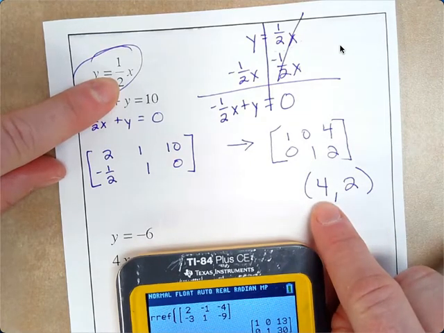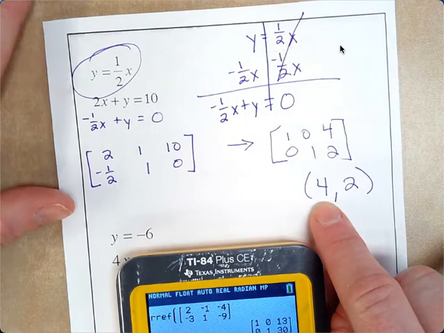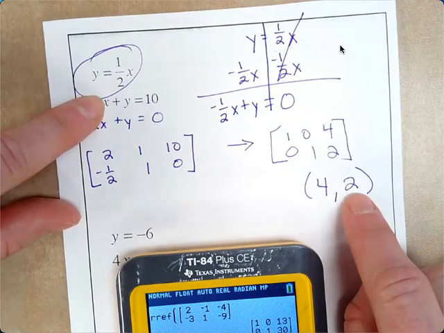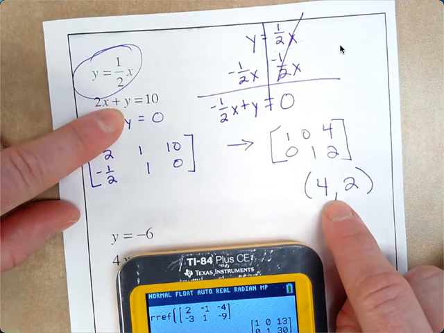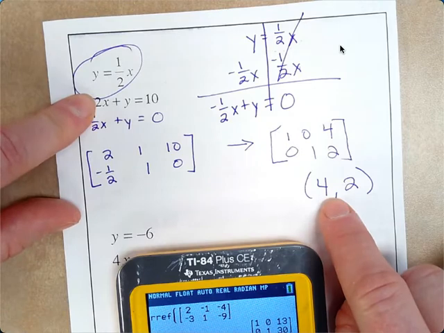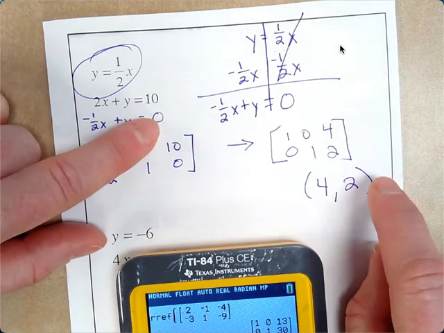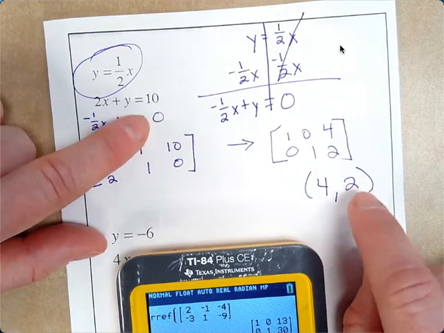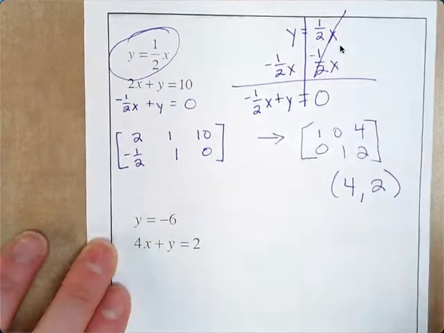Is that true? Yeah. 2 times 4 is 8, plus the y value, 2, equals 10. So, yeah, 8 plus 2 equals 10.